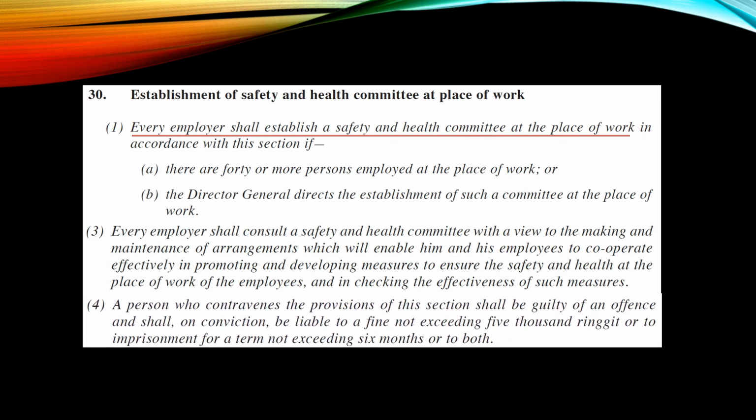Lastly, the law also requires the establishment of a safety and health committee at the place of work. So in CAS, we have a committee comprising academicians, administrators, and supporting staff to oversee the safety and health issues in CAS.